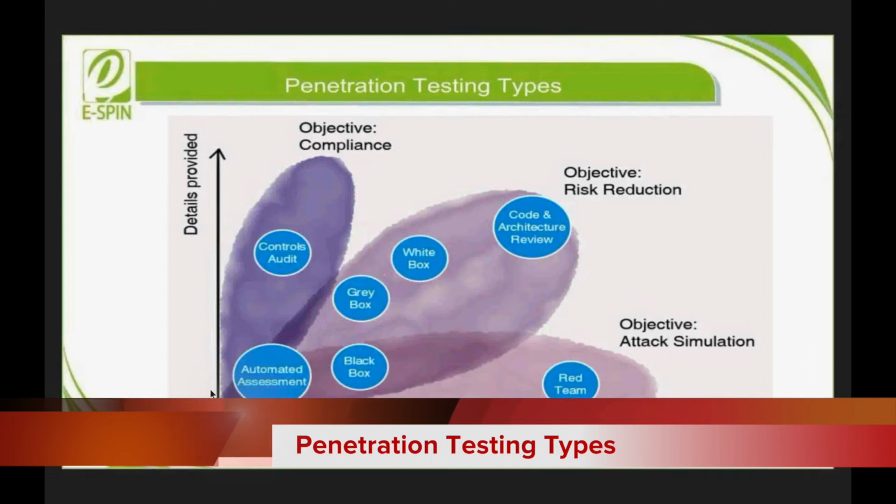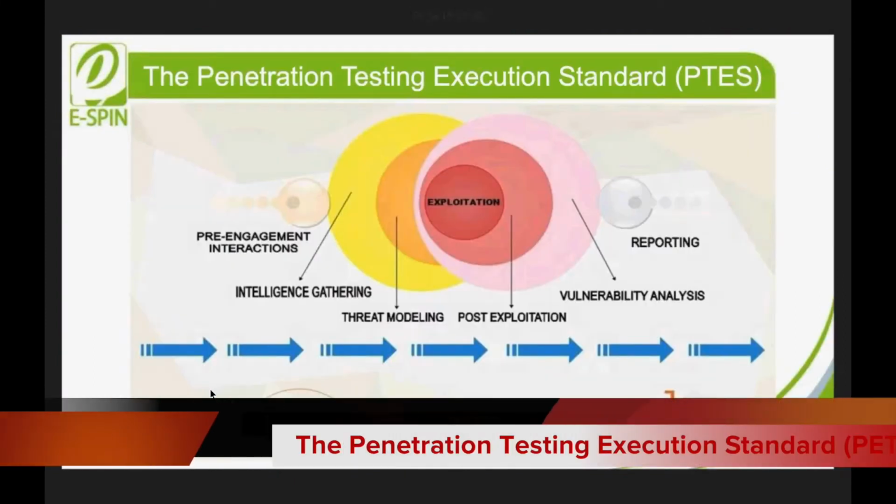Like automatic assessment, a VA tool will usually be part of the process, but it is not the complete process. This is why you will notice that pen testing tools are usually able to import vulnerability assessment reports from the scanner. That is the main reason. But of course, when you talk about code review, you need a secure code review tool to do so. For infrastructure review, it depends on how much information you collected.